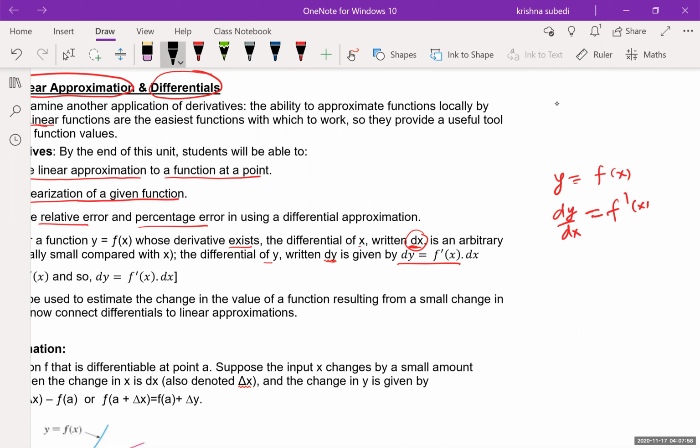With a little algebra, multiplying both sides by dx, I can write dy equals f prime of x dx. So this is called the differential. The dy is called the differential.